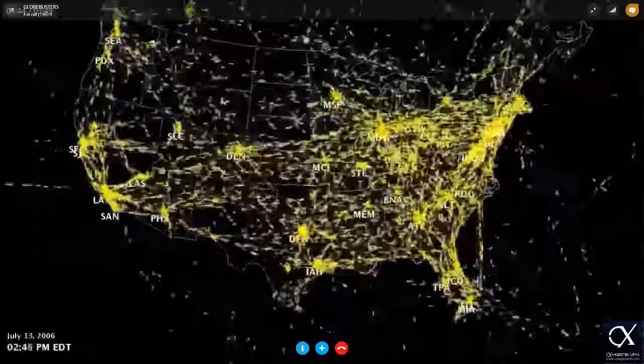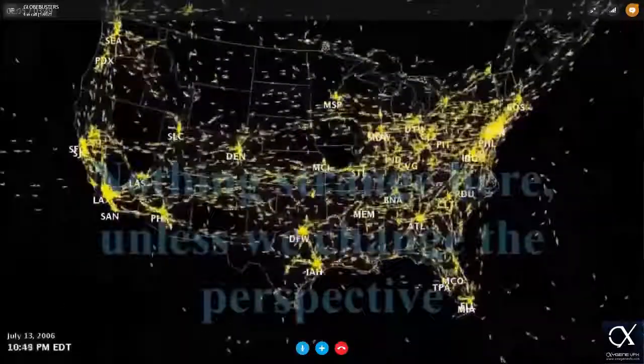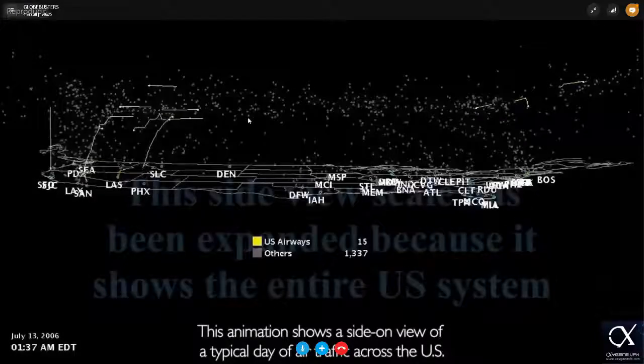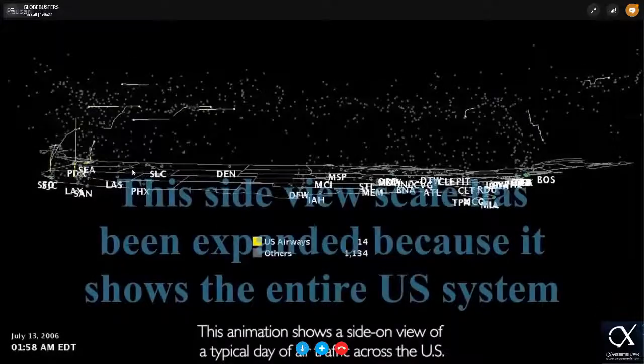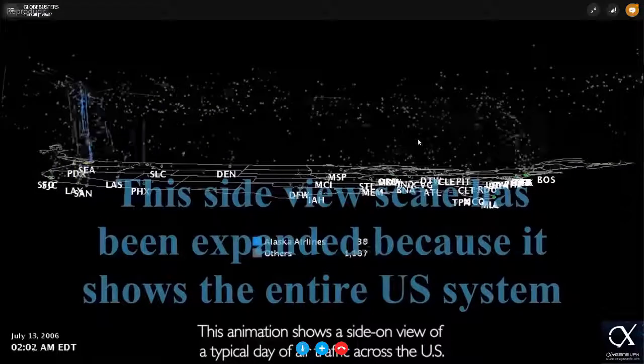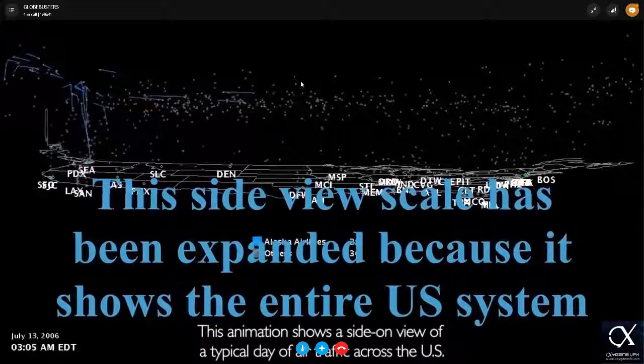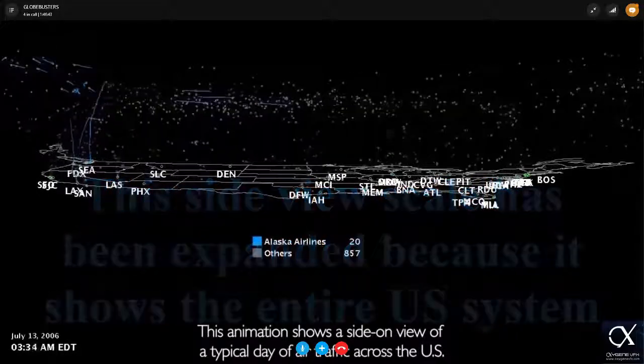But when you turn to the side, with the same information, you can see the real flight: a diagonal ascending, then entering the cruise flight level, and when it goes down, a diagonal going down. But you can see all the planes fly in a straight line.